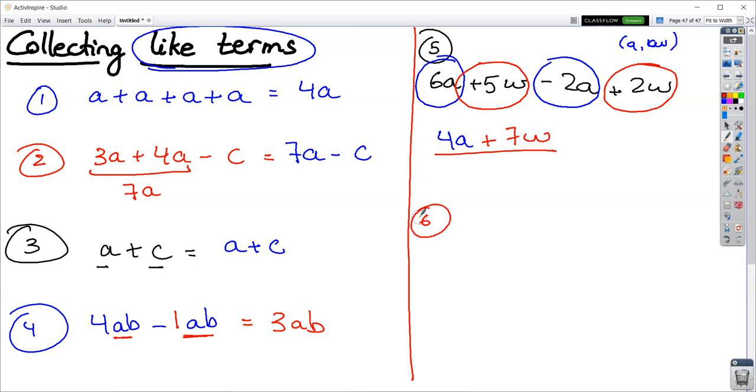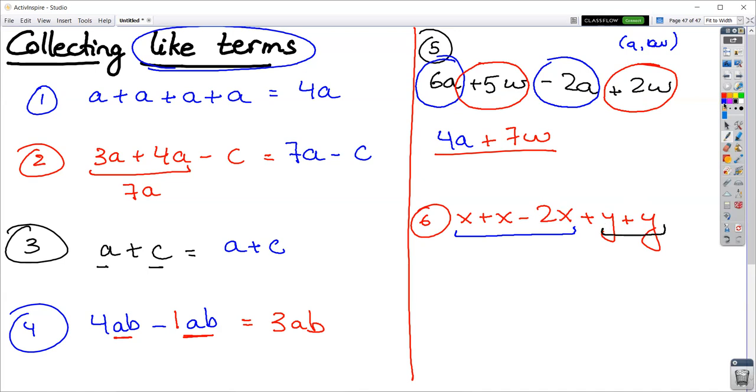Here's the next example, which is x plus x minus 2x plus y plus y. Again, we are having two different types of variables, which are x and y. I'm going to begin with the x variables. All of these are x variables, whereas these two are the y variables. I've separated the x variables and the y variables.